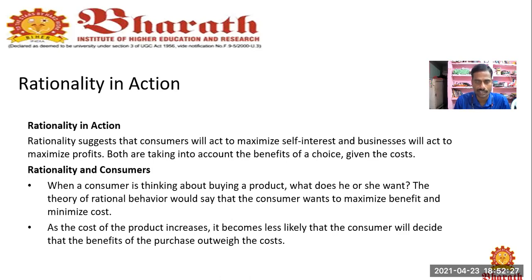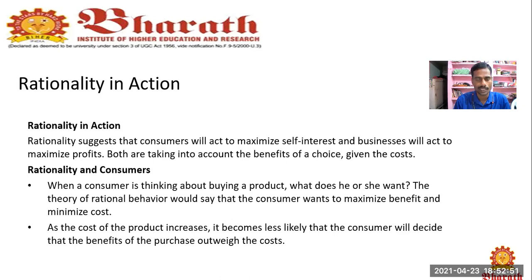The consumer is thinking about buying a product. What does he or she want? The theory of rational behavior would say that the consumer wants to maximize benefit and minimize cost. Say, I want to purchase a fruit, any fruit, seasonal fruit, mango.